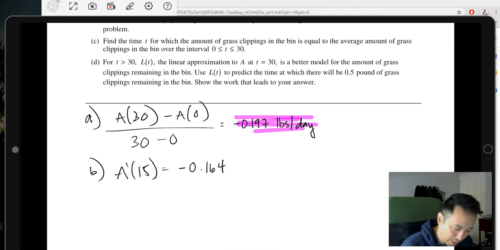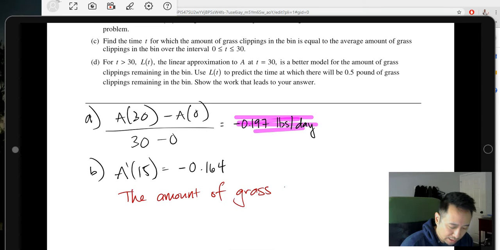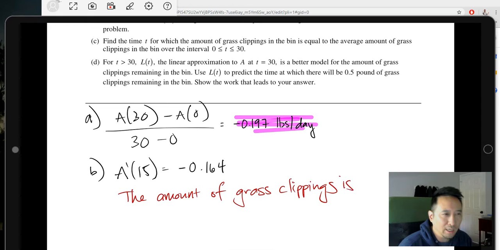So to interpret that, I would probably put something like the amount of grass clippings is decreasing because it's negative at a rate.